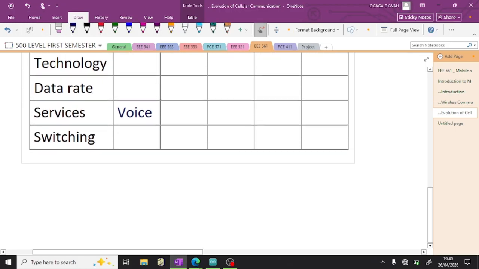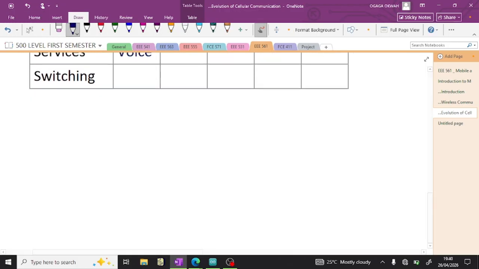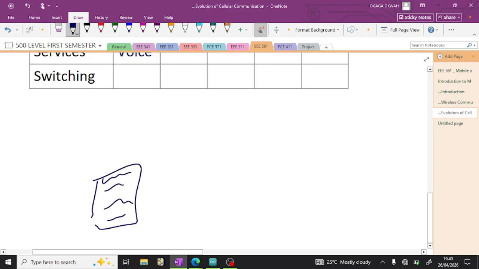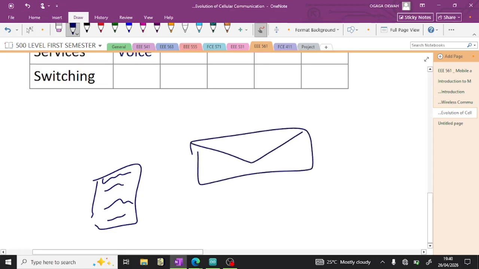Now, in those days, the technology was to make use of frequency. Note that if you want to send a letter to somebody, you are going to do what? Put that letter in an envelope. Now, the envelope is not the message, the letter is the message.